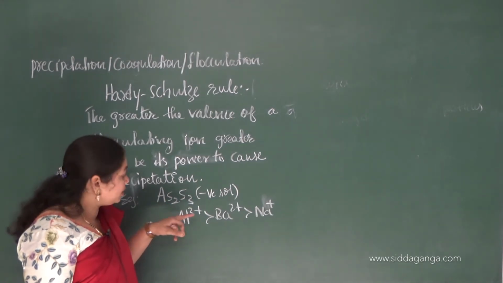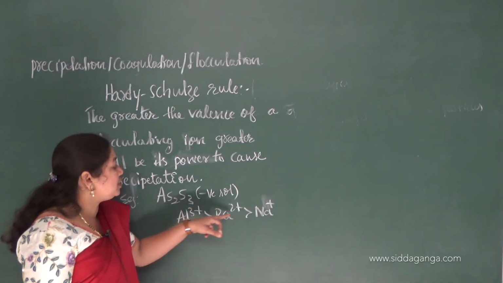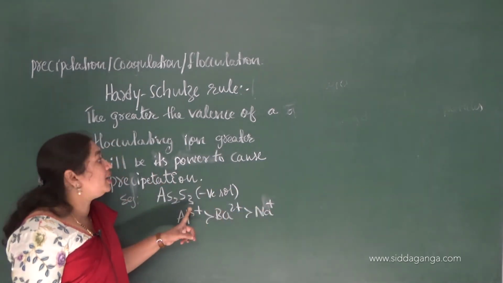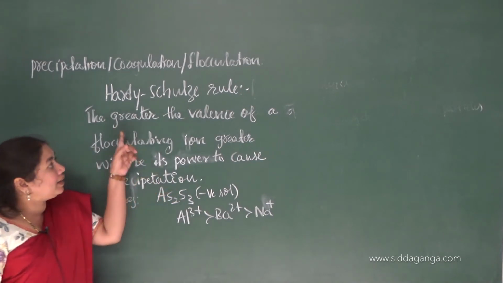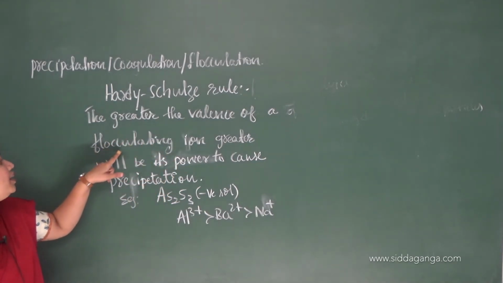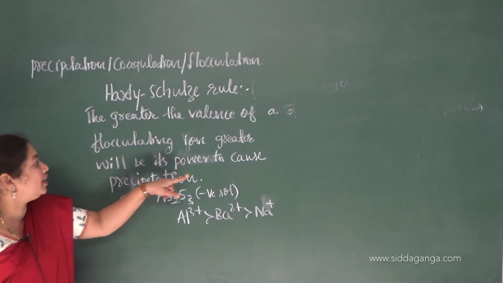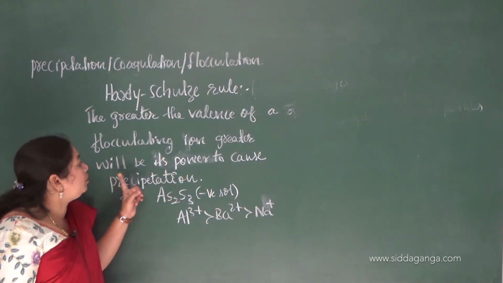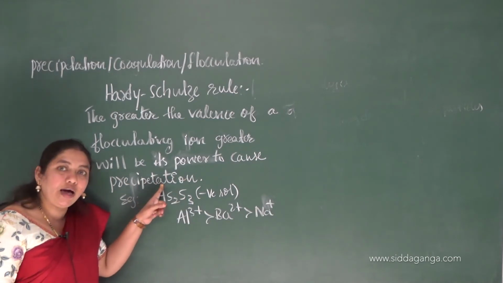Remember this one. Look at the charge: Al3+, Ba2+, Na+, just one valence, 2 valence, 3 valence. What is the rule saying? Greater the valence of a flocculating ion, greater will be its power to cause precipitation. Are you getting this concept?